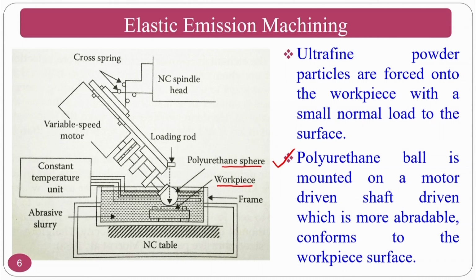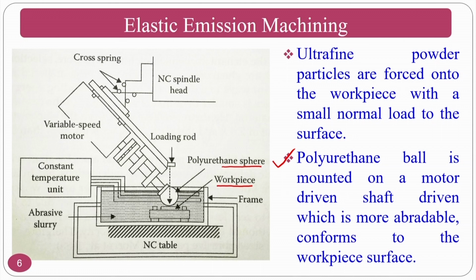This is flooded with abrasive particles, which are very, very fine in nature, along with water or any other fluid. You have a loading rod, so you can put the normal load, whatever load is required. At the same time, you have to make sure that the spherical ball or the polyurethane sphere should not touch the workpiece.